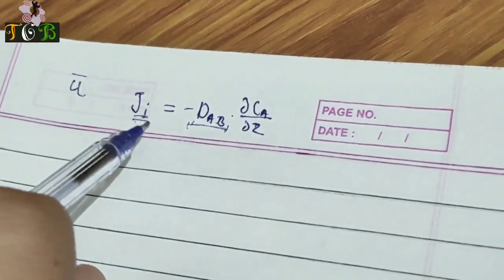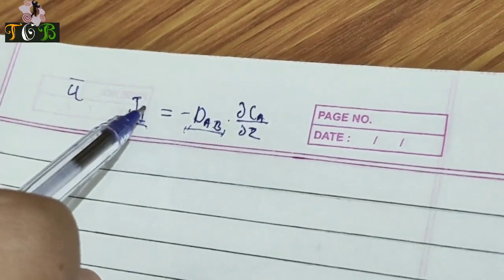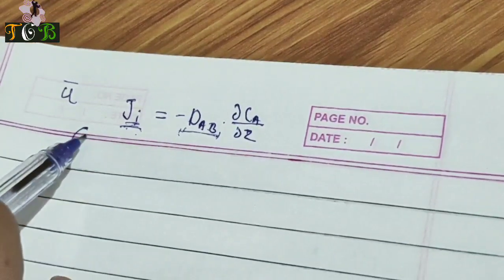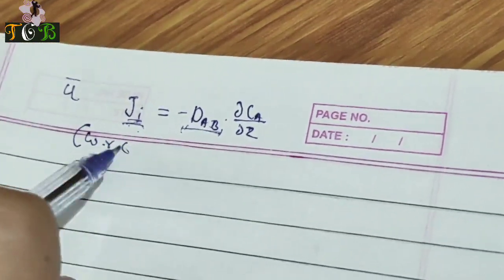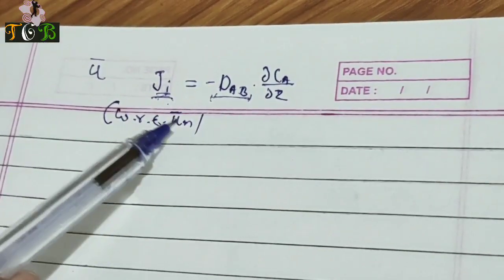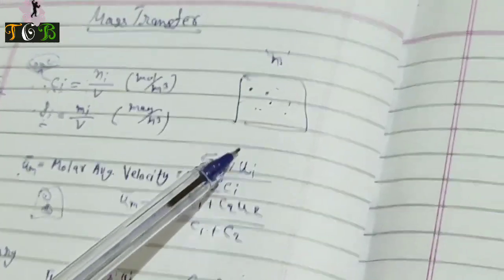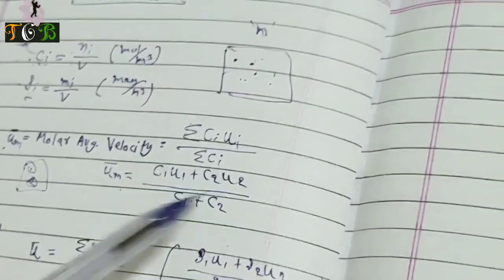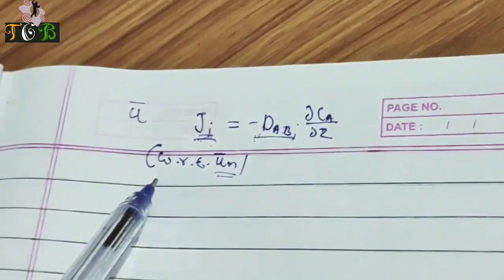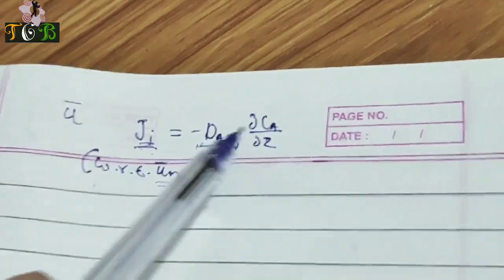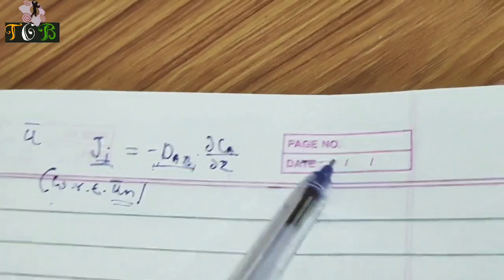That the molar flux of a component i, with respect to the molar average velocity, which we have defined just here. If you go with this molar average velocity, then the flux will be this, and z is the direction in which we are going.